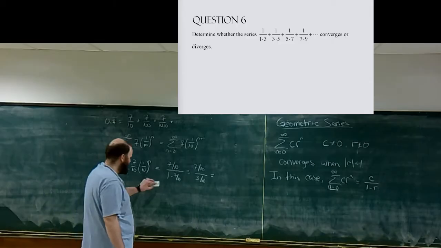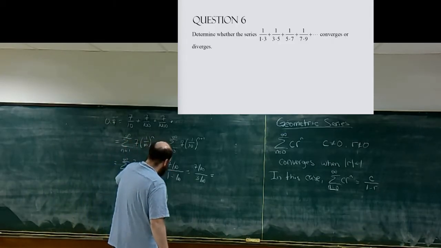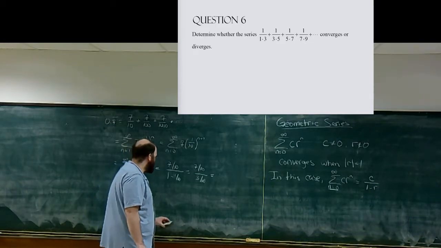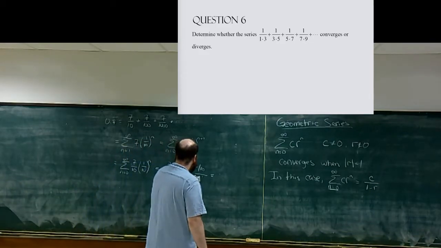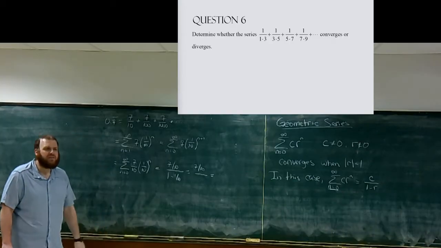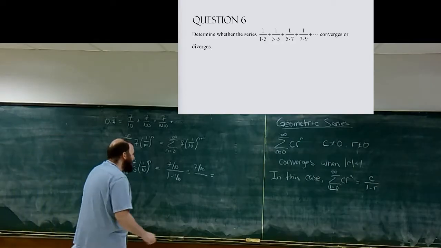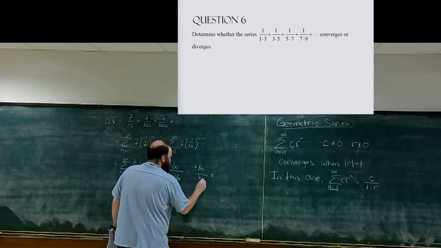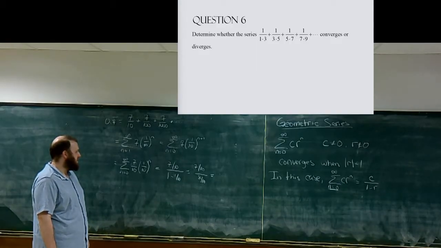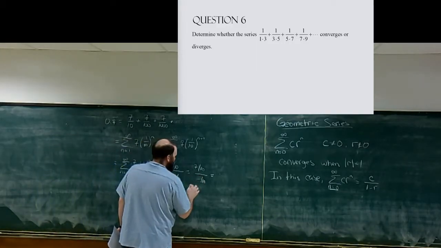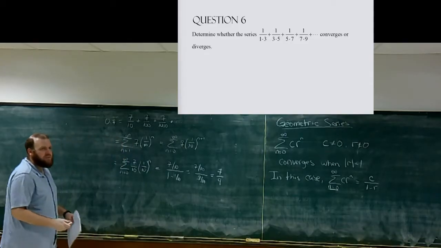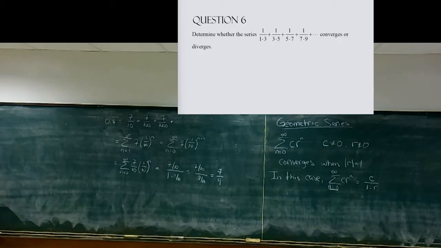Oh, wait a minute. That's still 1/10. Okay, that makes more sense. This is 8/10 now. Well, 1 minus 1/10 would be 9/10, wouldn't it? You're right. 7/9.